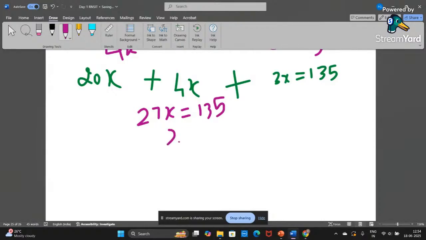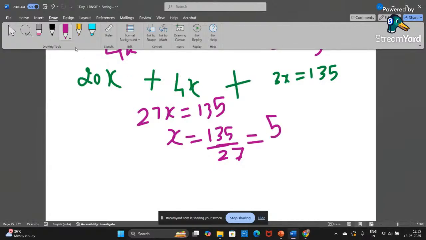So x equals 135 by 27. See, both the numbers we can divide by 3 or 9, right? So x value is 5.